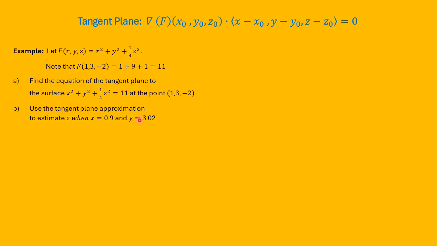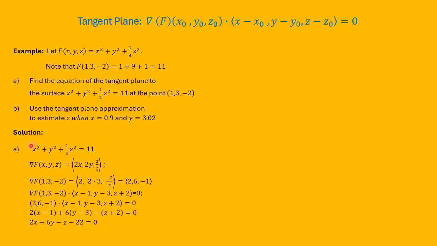So for our solution to part A, we start with x squared plus y squared plus 1/4 z squared equals 11. And this on the left side is our function f of x, y, z. So the gradient of f at x, y, z is what? Well, the partial of this stuff with respect to x is 2x. The partial derivative of this stuff with respect to y is 2y.